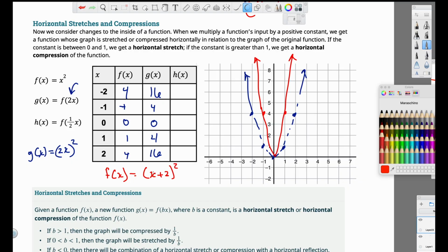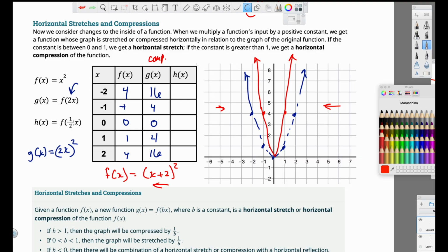Anything that was inside the function like this translated the graph left or right. So if we're multiplying inside by something, that's going to affect it horizontally. So really what's happening here is we are compressing. This one's compressing the graph when we're multiplying by 2. Okay, it's a horizontal compression.